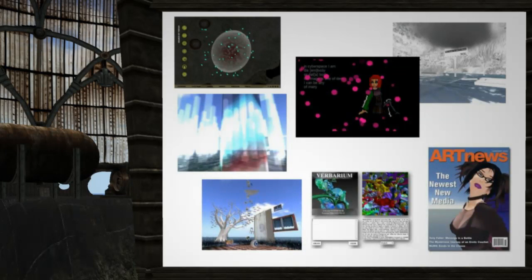And there has been a lot of new media work in Second Life. So I introduced some of the projects, including net art and art in Second Life, to my students, along with some of the new discussion of new media at the time.